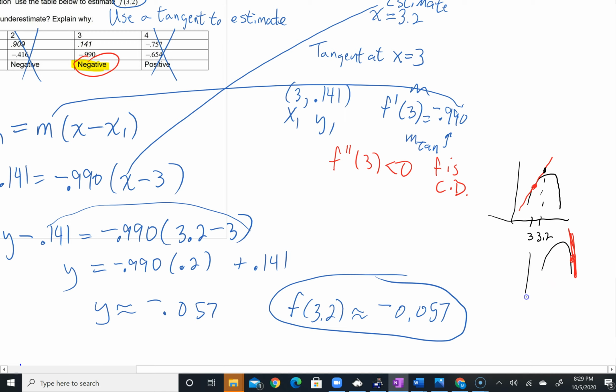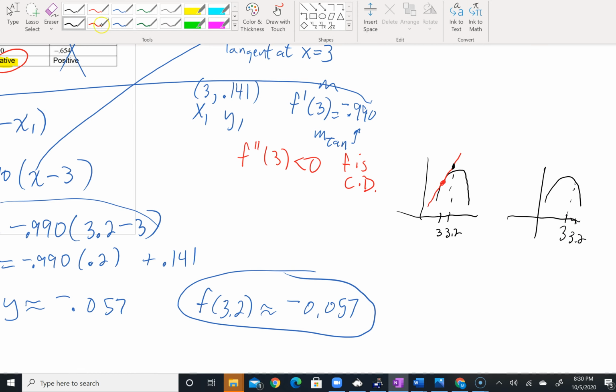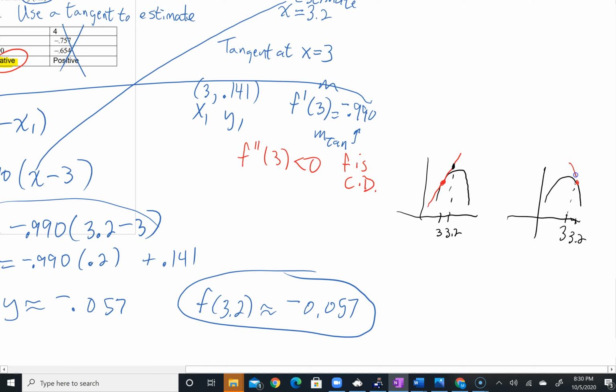Likewise, if we were to draw this over here and say that this was 3 and over here's 3.2, well, that got a little sloppy. Let me maybe draw this off to the side, just so that perhaps it's looking more like this, and maybe here's a 3, and over here is 3.2. And if we drew a tangent line, it really doesn't matter where you're drawing it. The 3.2 would be over here.